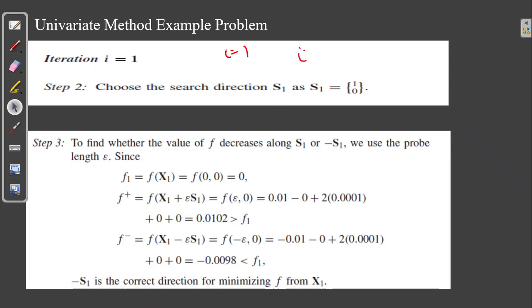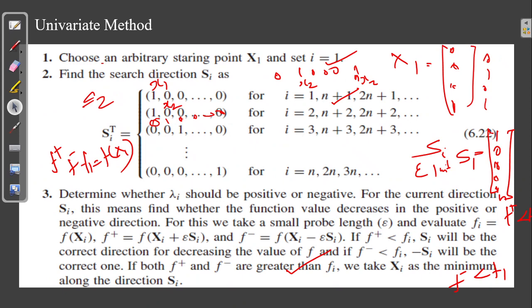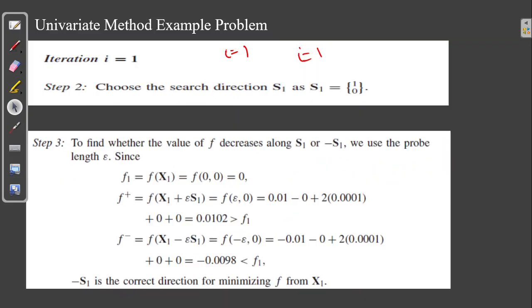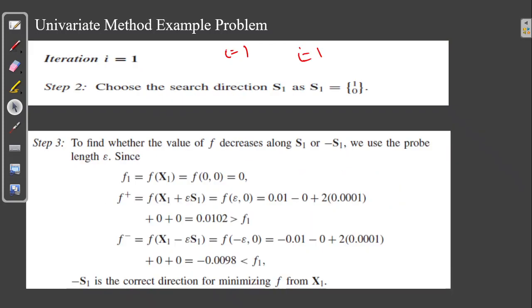So for i equal to 1 we have 1 0 0 0. That means x1, x2, that is n equal to 2, only two variables are there. We have chosen this search direction, s1 equal to ordered pair (1, 0), like your unit vector along the x-axis.